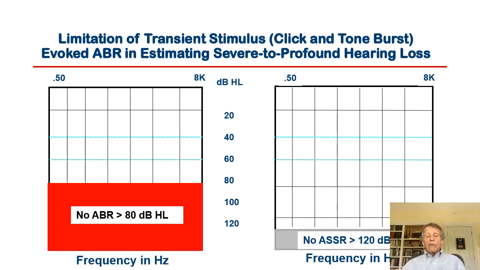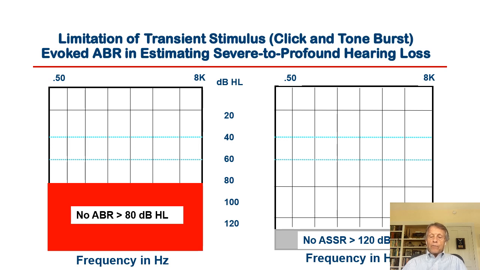There are other advantages because ASSR systems depend on a statistical determination of a response. So for someone who doesn't have much experience recording and analyzing ABR, the ASSR is attractive because once you put the electrodes in place and the earphones on, the software will actually confirm that there's a response.